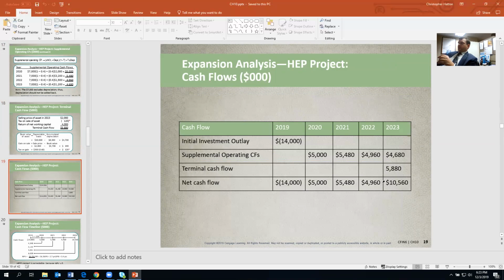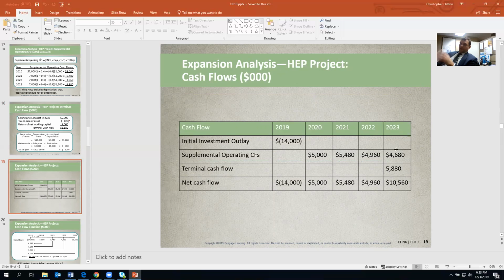And then this is total. So over time, each year, this is how much you're going to be looking at. So you spend 14,000 in the beginning, then you get 5, 40, 54, 80, 49, 60, and 10, 56.